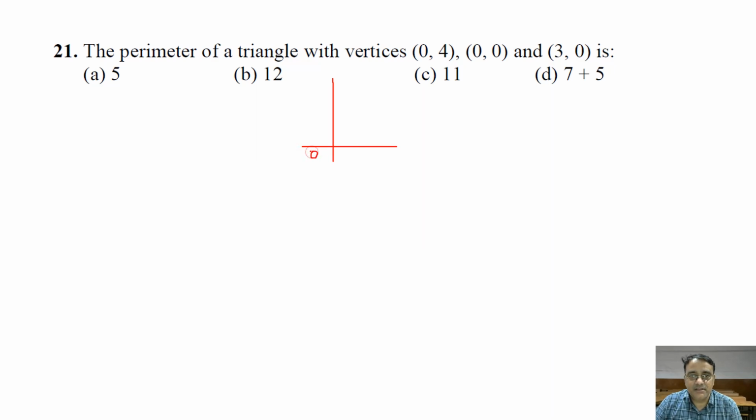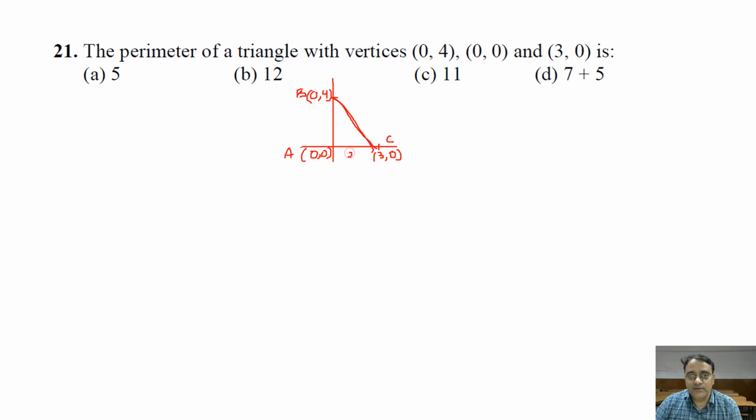Suppose this is origin 0, 0 and this point is 0, 4 and the next point is given 3, 0. इसको ले लेते हैं 3, 0 and इसको A ले लेते हैं, इसको B ले लेते हैं और the last coordinate I am going to take C. So BC.